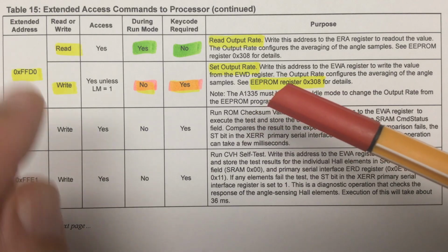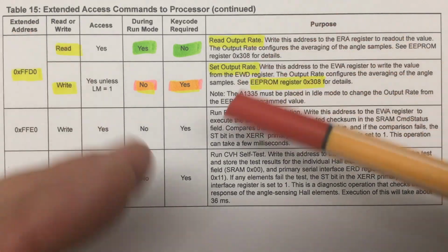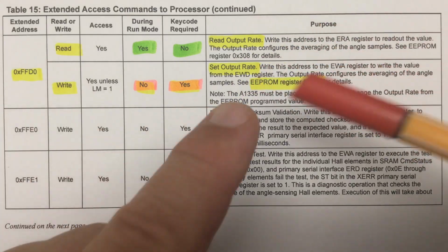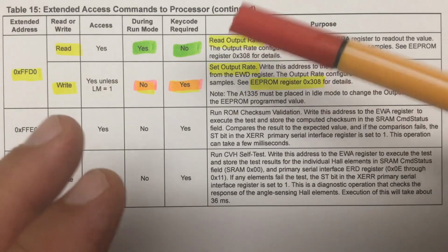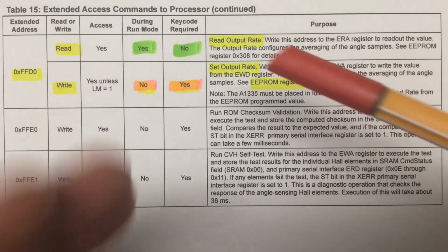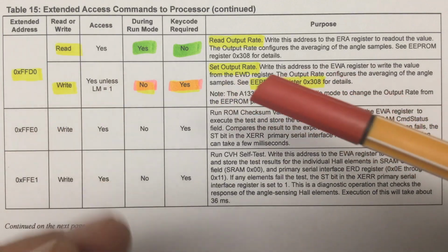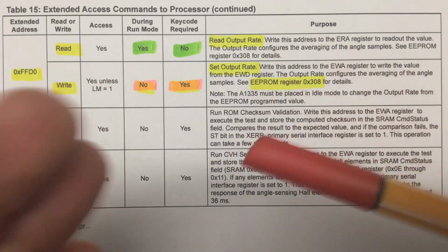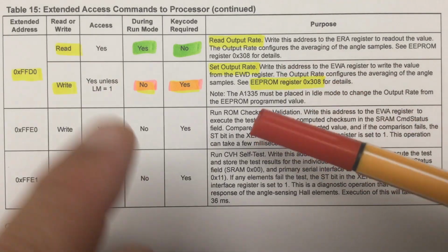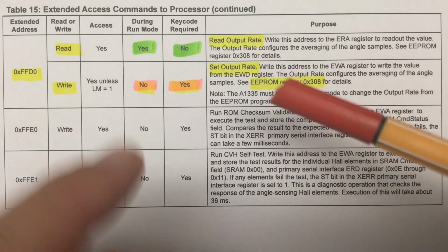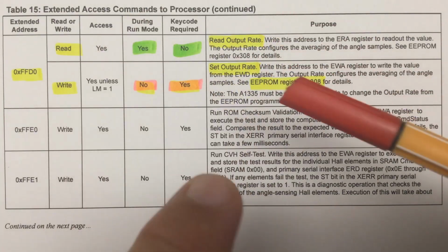It's available here at the extended address FFD0. It's also available in the EEPROM, but we won't touch the EEPROM for just reading and writing the output rate. As I told you in the previous video, writing the EEPROM is a project in itself. Anyways, you can of course read the current value while we are in run mode, and no key code is required for that.